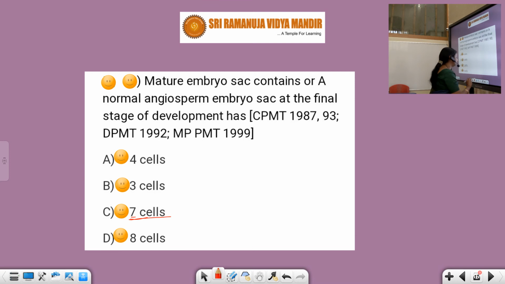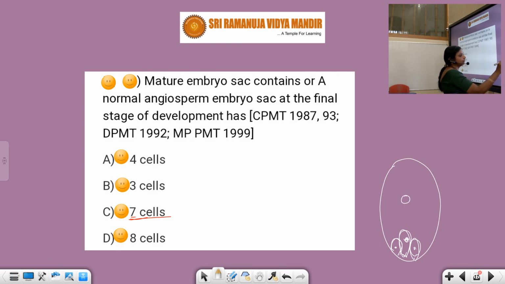Let's draw the structure again. This is the embryo sac, and here 2 synergids are present, and the egg is present. So the egg is one cell, the synergids are 2 cells, and 2 polar nuclei. These are 2 nuclei, not cells, but they later fuse and form a central cell.